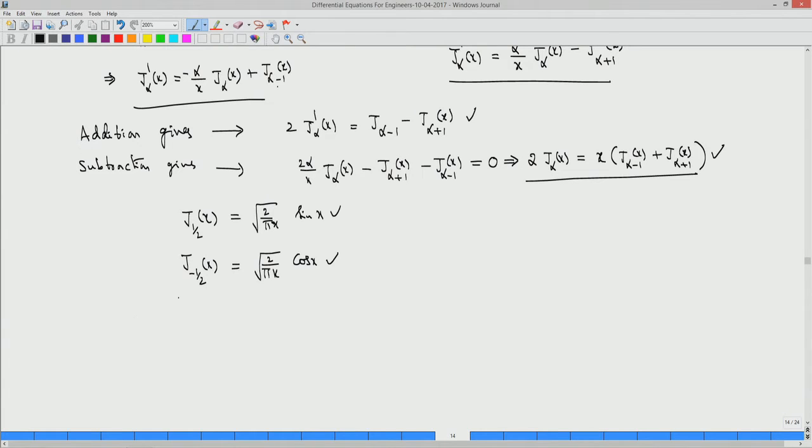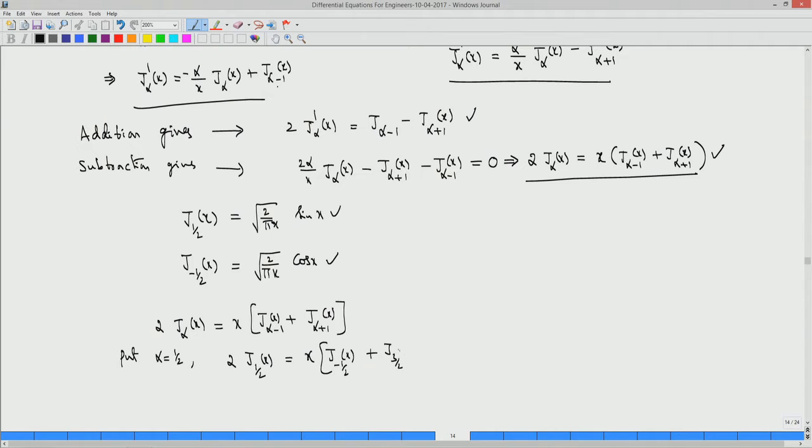If I take 2 times J alpha of x, I take this second relation: x times J alpha minus 1 of x plus J alpha plus 1 of x. Here you put alpha equal to half, what do you get? You get J half of x equal to x times J minus half of x, and the third one will give you J 3 by 2 of x.